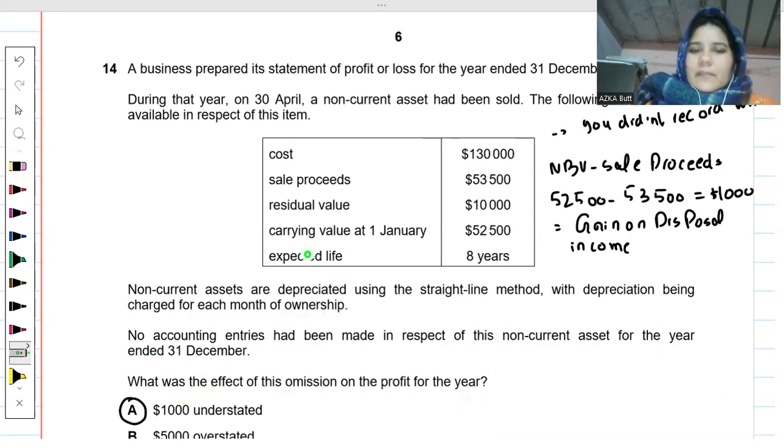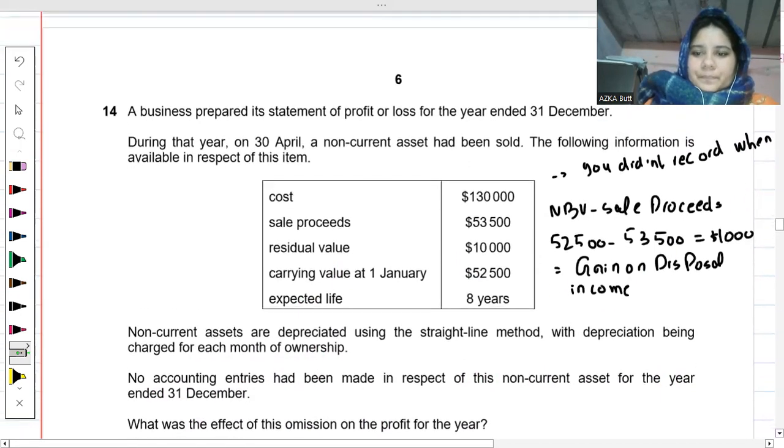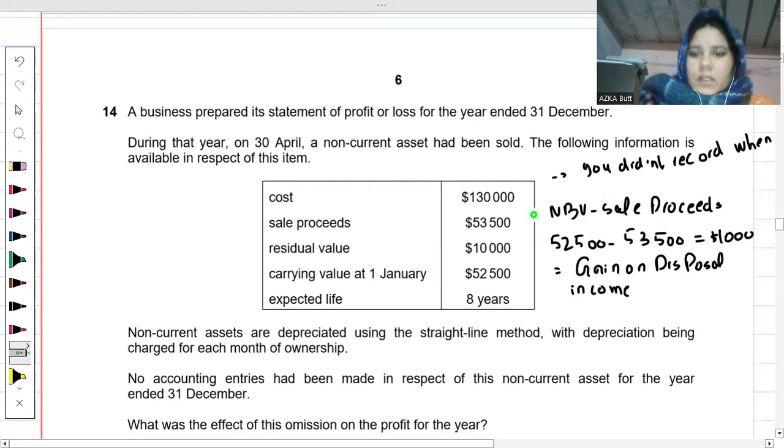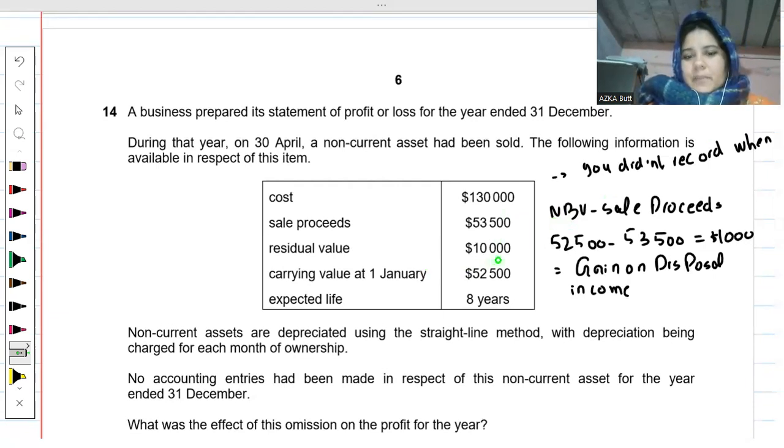Okay, so basically we have sold this asset. The net book value of this asset, which has been written off, is 52,500, and we have sold this asset for 53,500. So we have to deduct it.